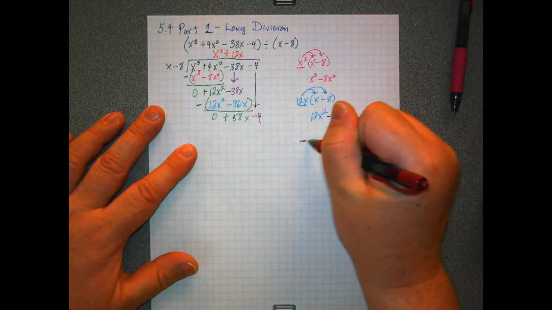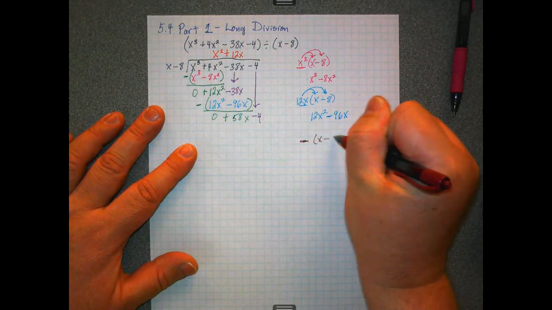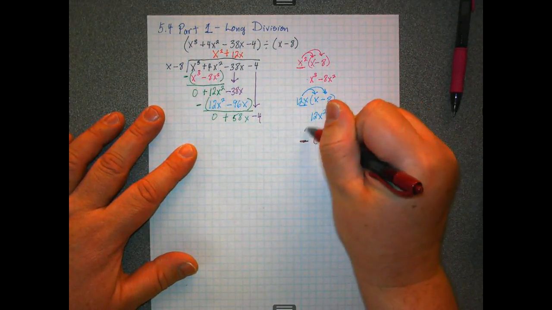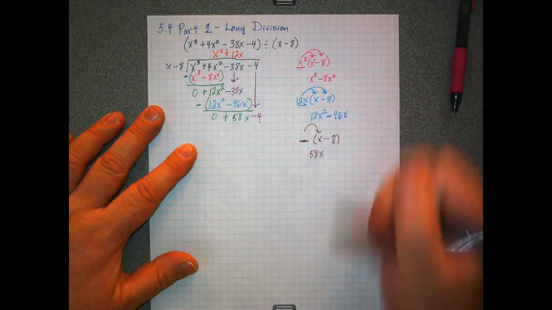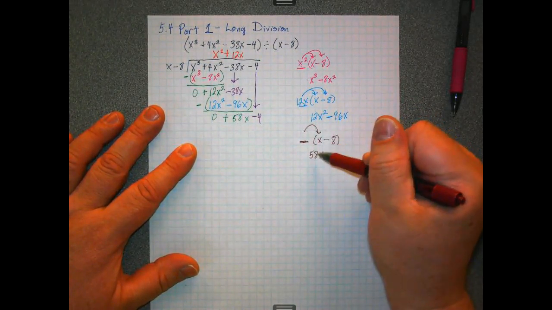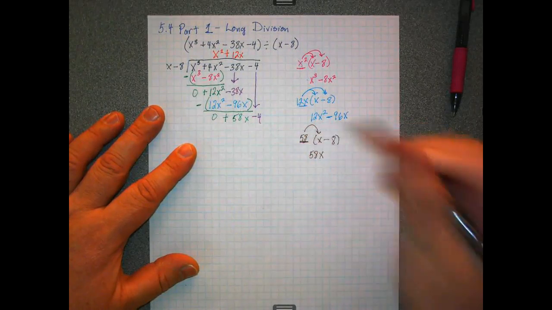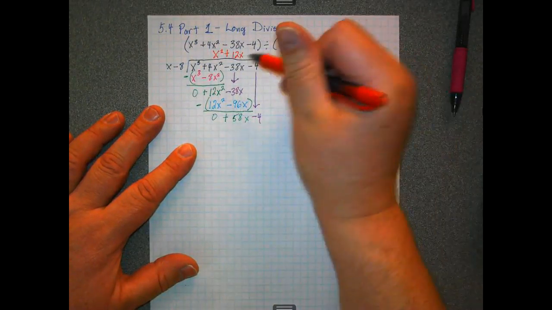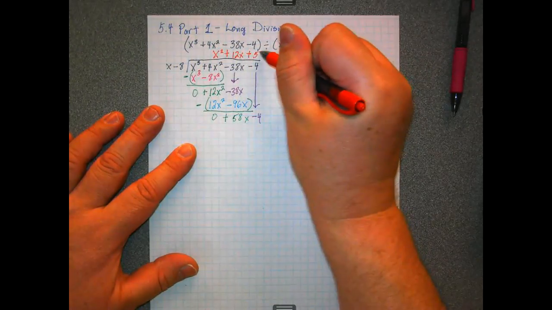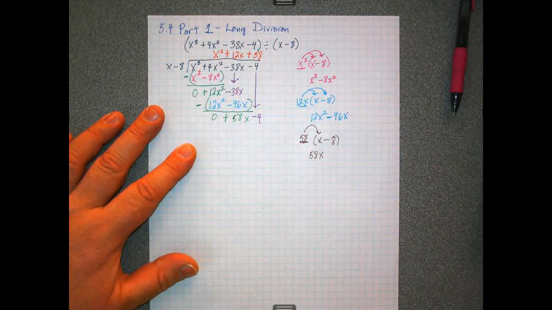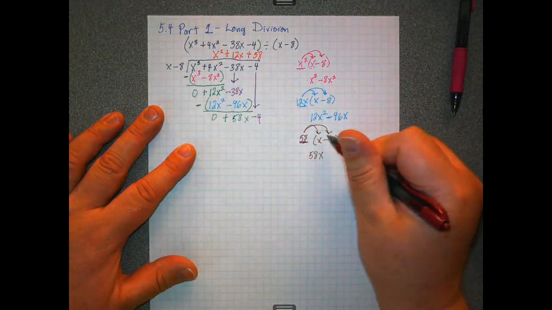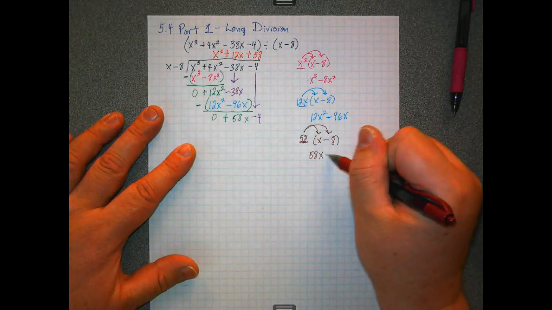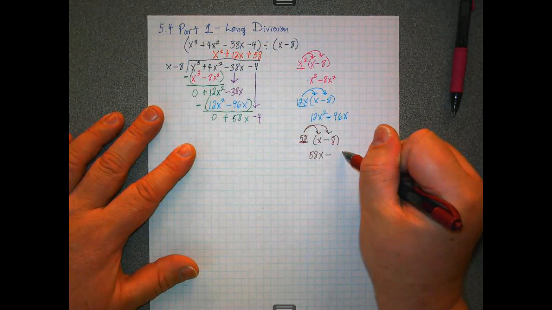What am I going to multiply x minus 8 by to get 58x? Well, I'm going to multiply x by 58. So my last number here is 58. Finish distributing. 58 times negative 8 is negative 464.